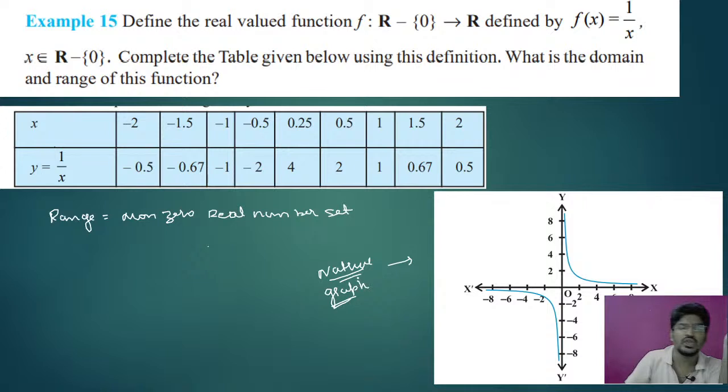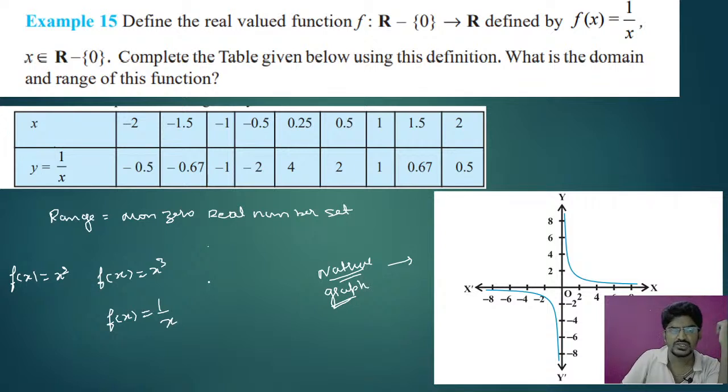So here we have gone through f of x equal to x square, f of x equal to x cube, f of x equal to 1 by x, and we have also seen f of x equal to c, and f of x is equal to x.